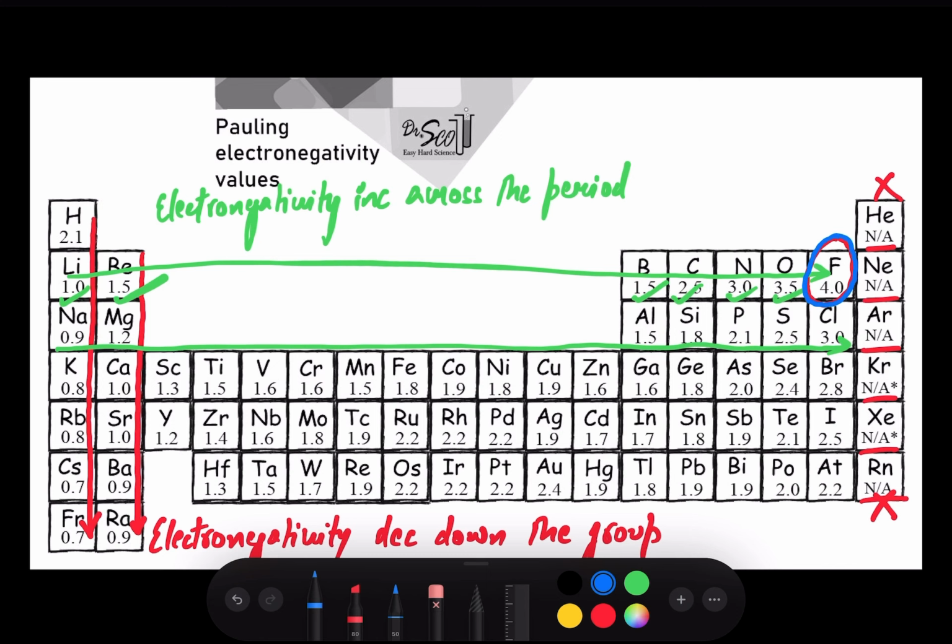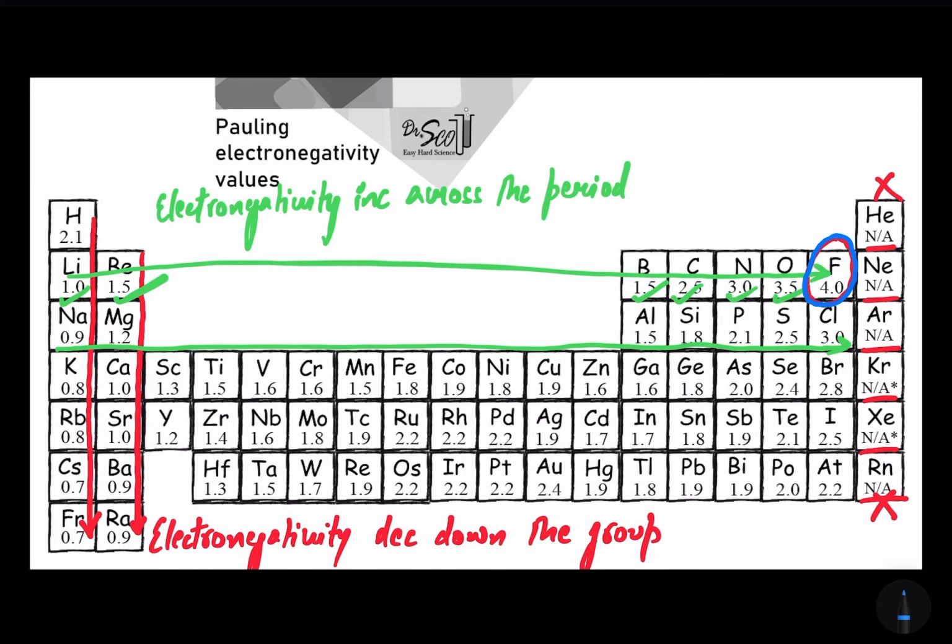And it is very important to observe over here that fluorine has the maximum value of electronegativity, that is 4.0. In the whole periodic table you can easily observe that no element has an electronegativity greater than 4.0. Fluorine is the most electronegative element and has the maximum value of electronegativity, that is 4.0.